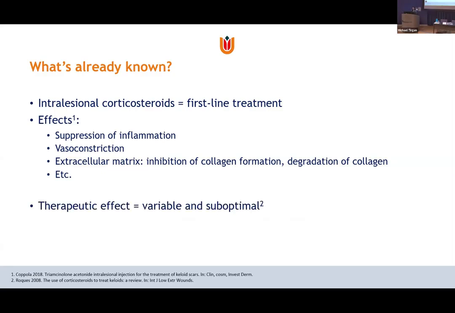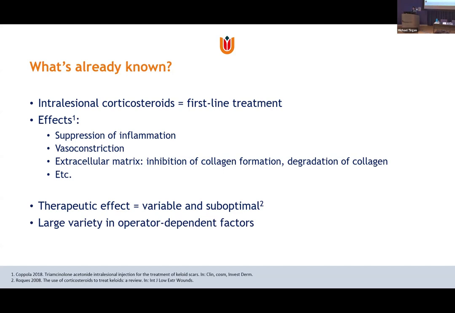Even though the treatment is first-line, the therapeutic effect is still very variable and not always optimal. We thought this could at least partly be clarified by the large variety in operator-dependent factors.